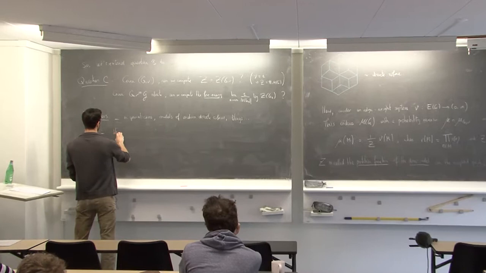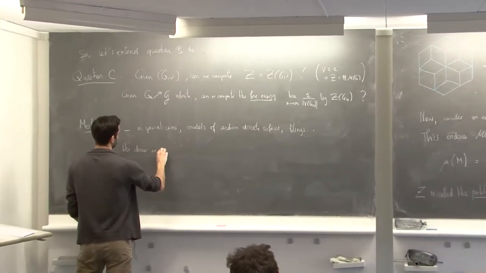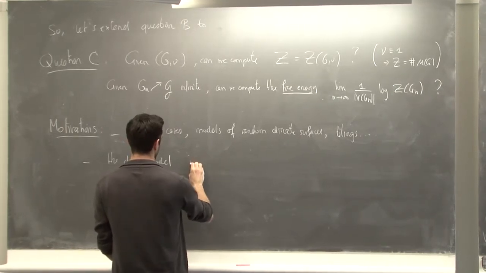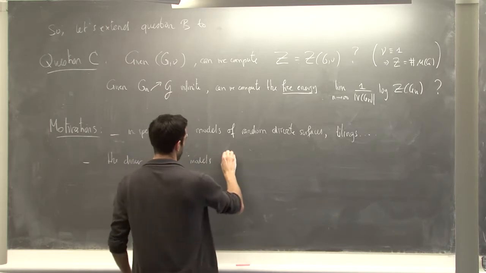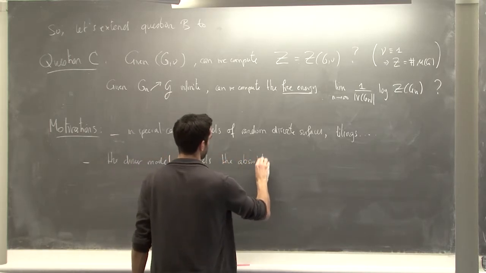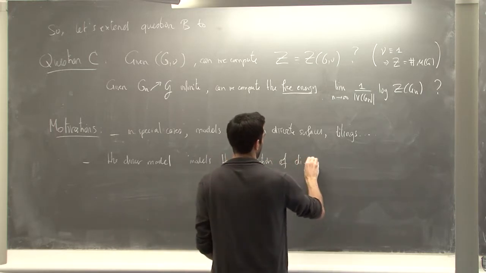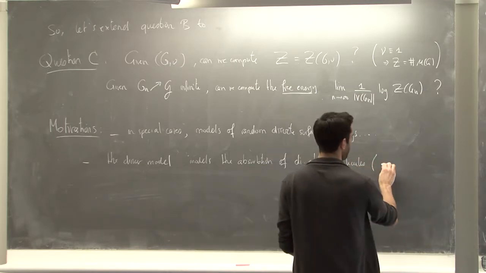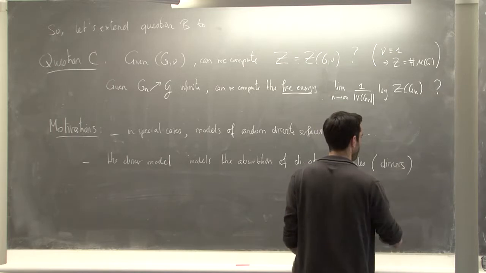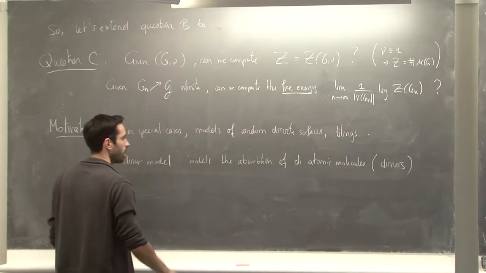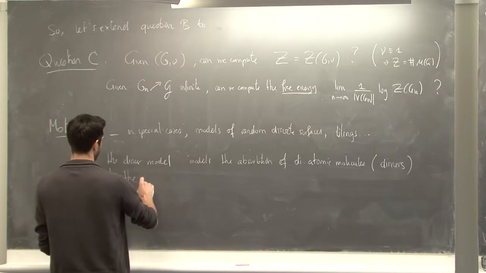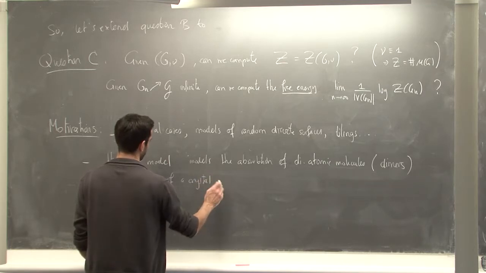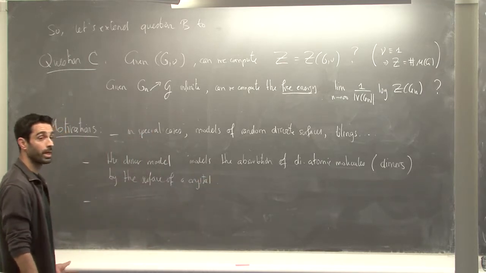The Dimer model models the absorption of diatomic molecules, hence the name, and that's really the only reason why I give this, by the surface of a crystal. Third motivation, you can use it to study the Ising model.